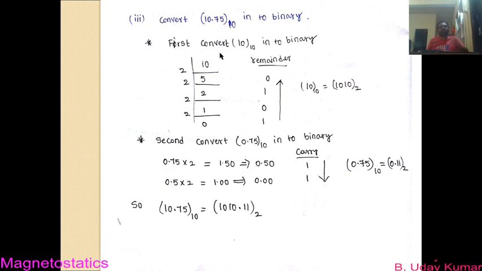So that means when the problems are given in such a way that they consist of a decimal number and also a fraction, you have to do them separately. For example, you can see here. Out of 10.75, first 10 has to be converted into binary by using the double double method. Next, 0.75 is converted into a binary fraction by multiplying it with 2 and taking carry on its side. So that you have to understand here.